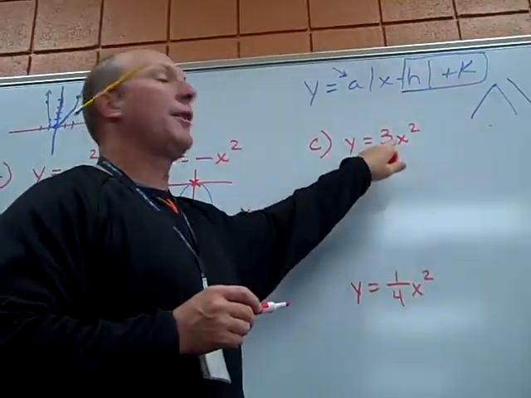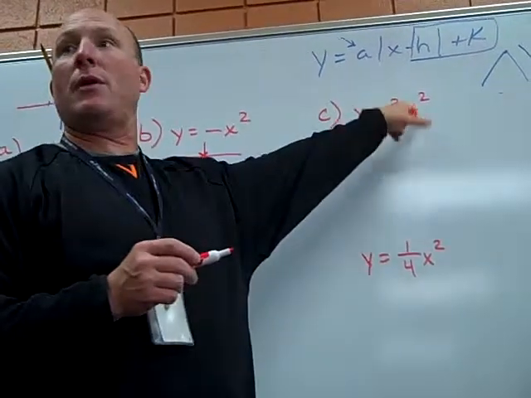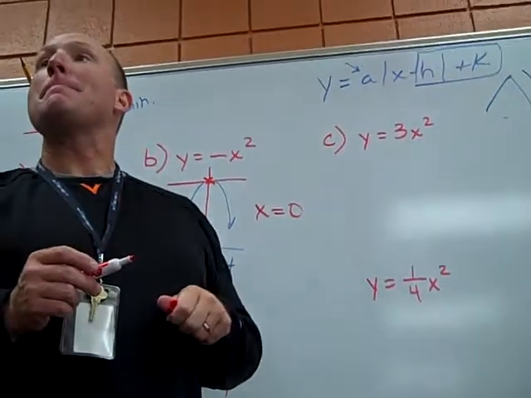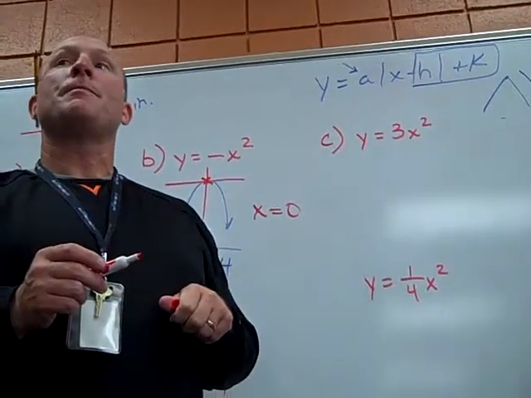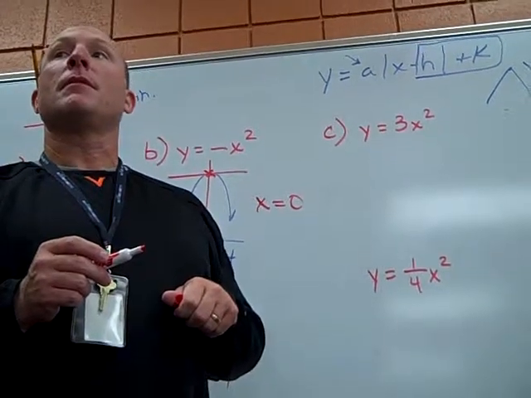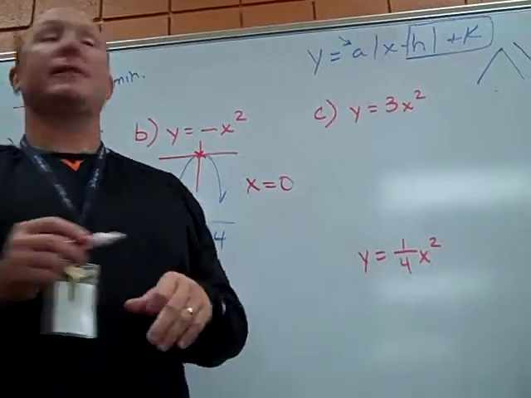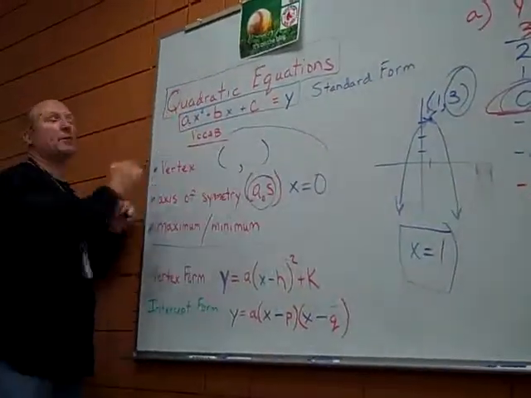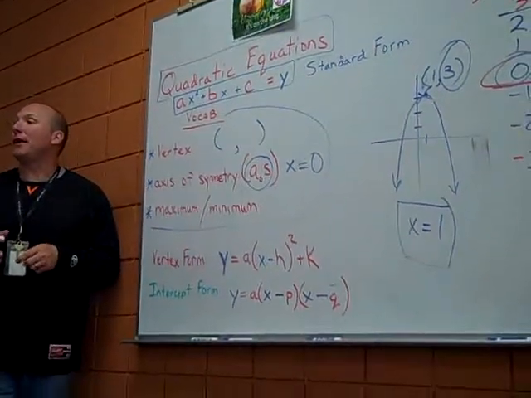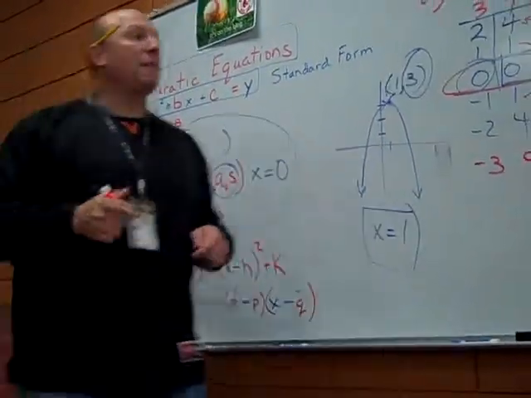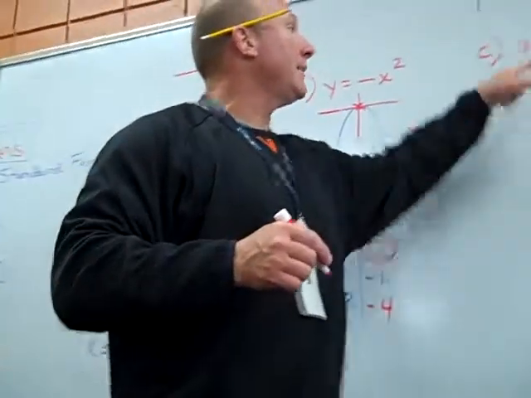It's the coefficient in front of your x squared. When it's a positive number, it's always a smile. So your A value, the coefficient of x squared, tells you if it's smiling or frowning. So you know immediately. Both of these are smiling.